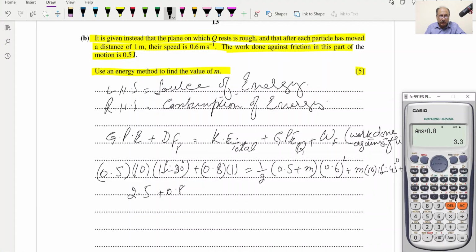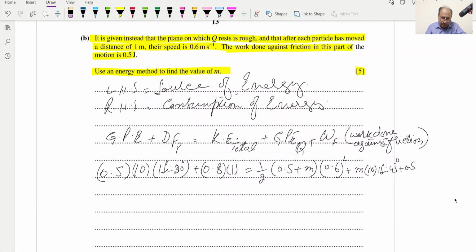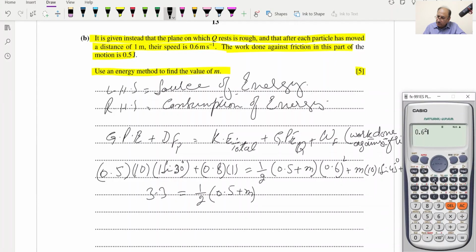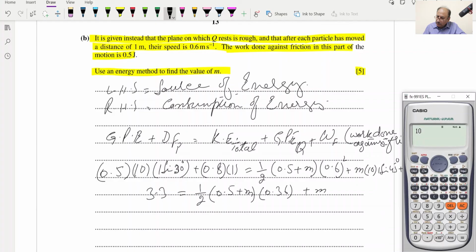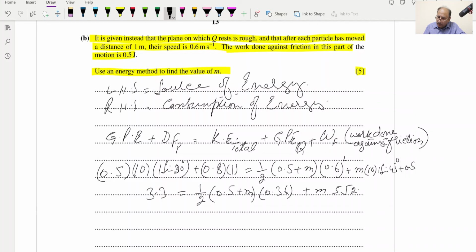So 3.3 is equal to 0.5 into 0.5 plus m, and into 0.6 squared, so 0.36, and next plus m into 10 sine of 45 degrees, and this will be equal to 5 under root 2.